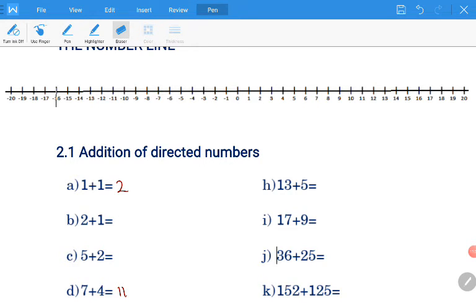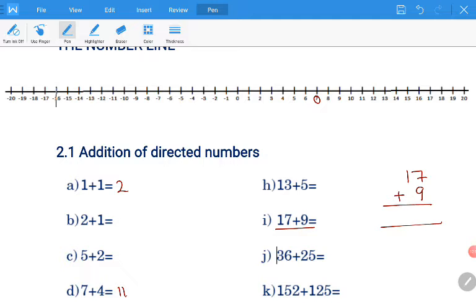So the technique which one can use is rewriting 17 plus 9 as a horizontal expression. So in solving this one, we are going to say 7 plus 9. So we go to position number 7.